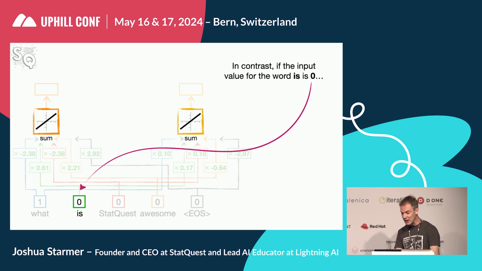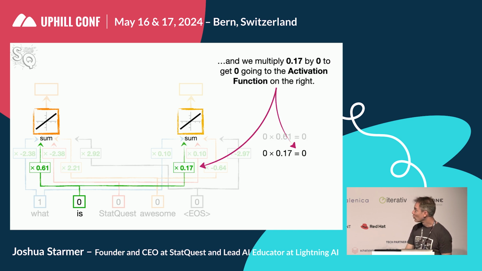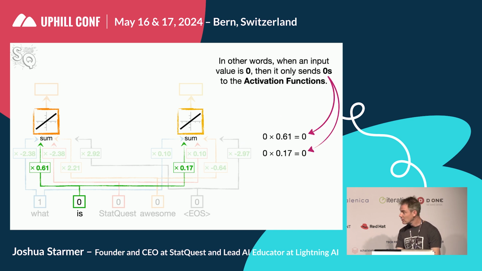In contrast, if the input value for the word is 0, then we multiply 0.61 by 0 to get 0 going to the activation function on the left. And we multiply 0.17 by 0 to get 0 going to the activation function on the right. In other words, when an input value is 0, then it only sends zeros to the activation functions.